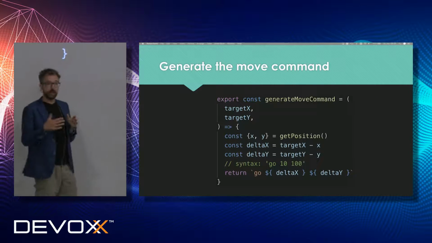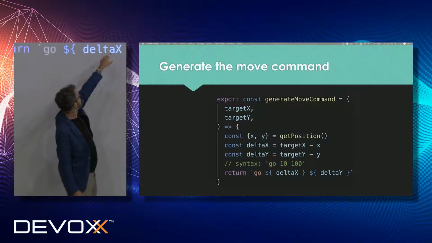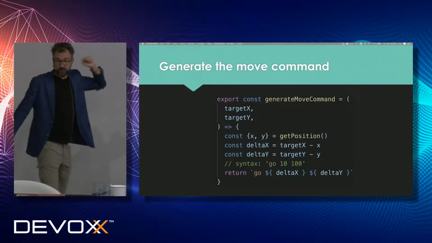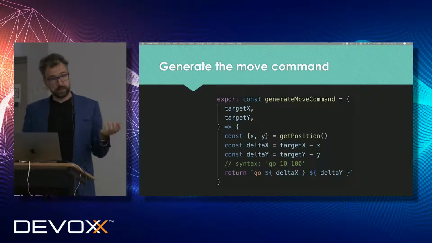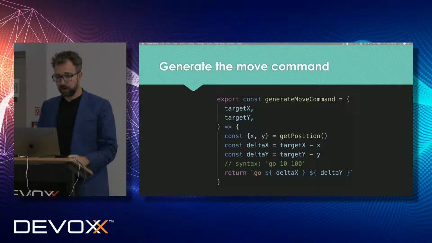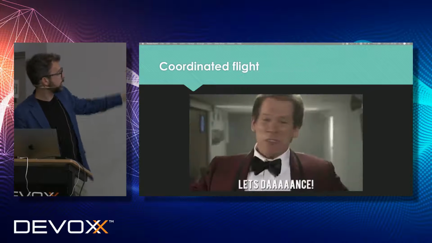If you want to go 10 centimeters on the x and 100 centimeters on the y, then this is basically your command. So at first, you get the position, you have the target x and the target y, and you calculate your delta x and your delta y, and that's how you generate the command.